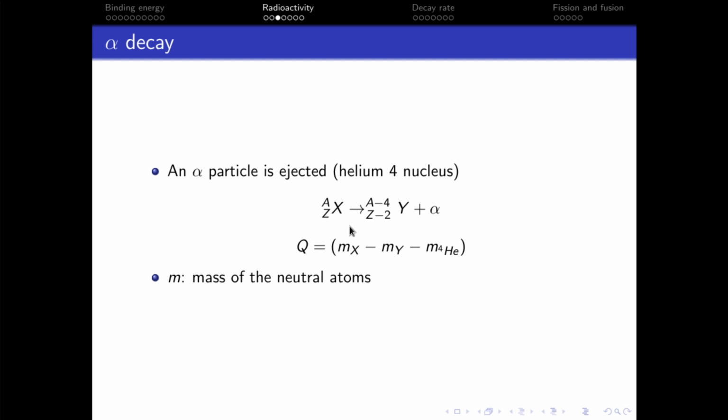This will change in the next parts. So here we have the mass of the neutral atom of element X that we had before, minus what we have at the end, a neutral atom of Y and a neutral atom of helium-4. In all of the expressions, whenever we have an M, it will always be of a neutral atom, because this is what we have access to in the literature.